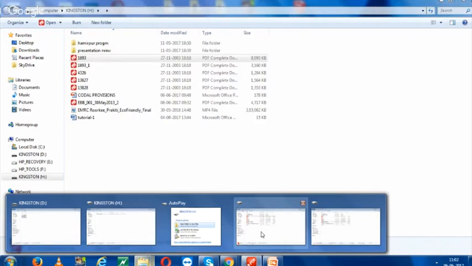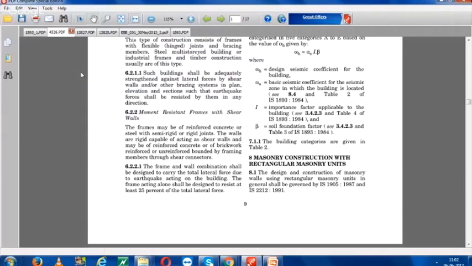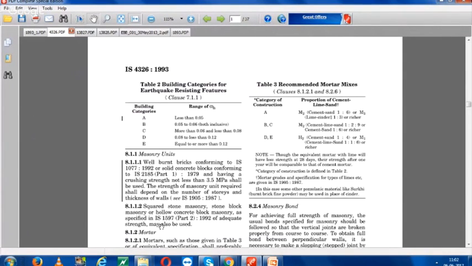Here you need to decide which type of your building. Suppose your building is residing in E type, A type, B type, C type. Here in question number 9, you need to consider the building category E type. Just write down. In question number 9, you need to consider your building E type. For that building, you need to design the openings also.